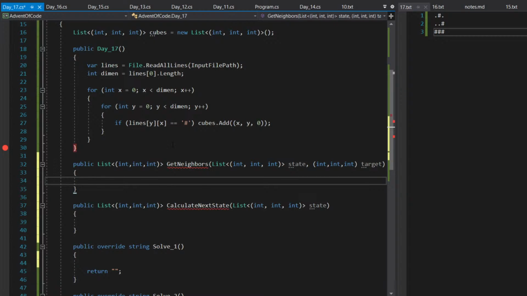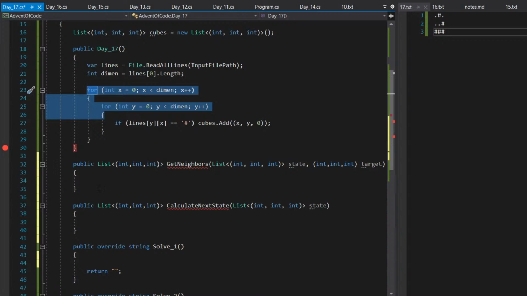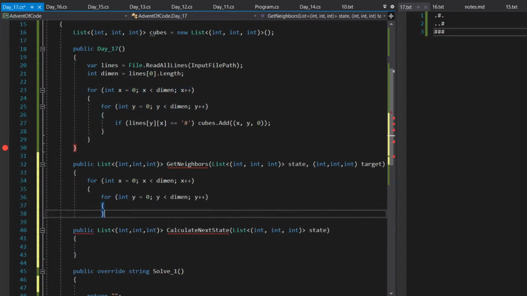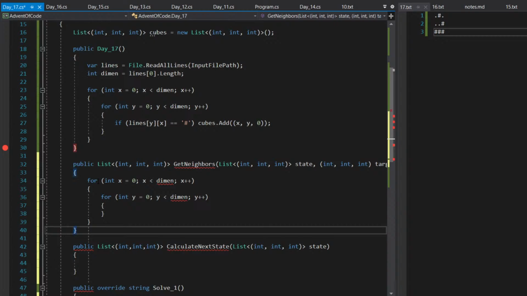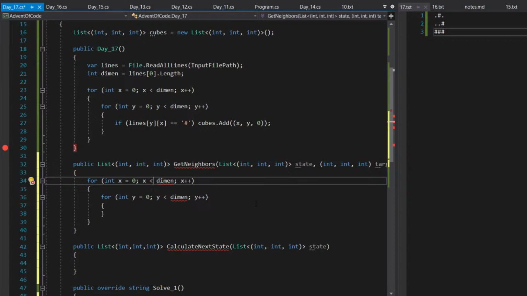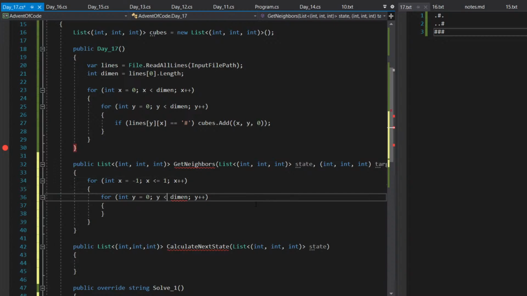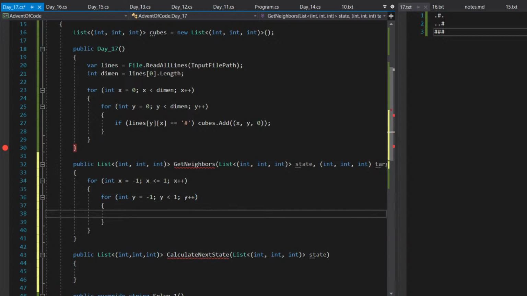So how are we going to do that? I guess we can do something like this. You're going to go from -1 to +1. We'll have to skip the zeros when we get here.